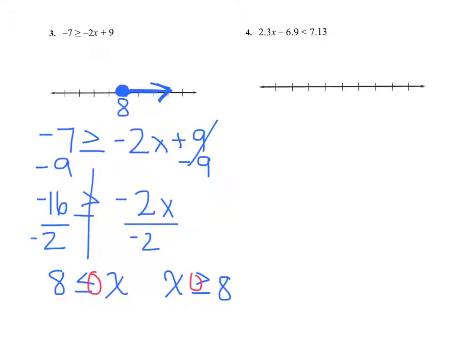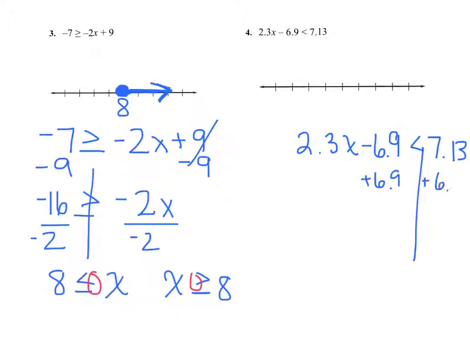All right, and then our last one, I've got 2.3x minus 6.9 is less than 7.13. All right, so I'm going to start by adding 6.9 on both sides. So I'm going to have 7.13 plus 6.9. And that's going to give me 2.3x is less than 14.03.